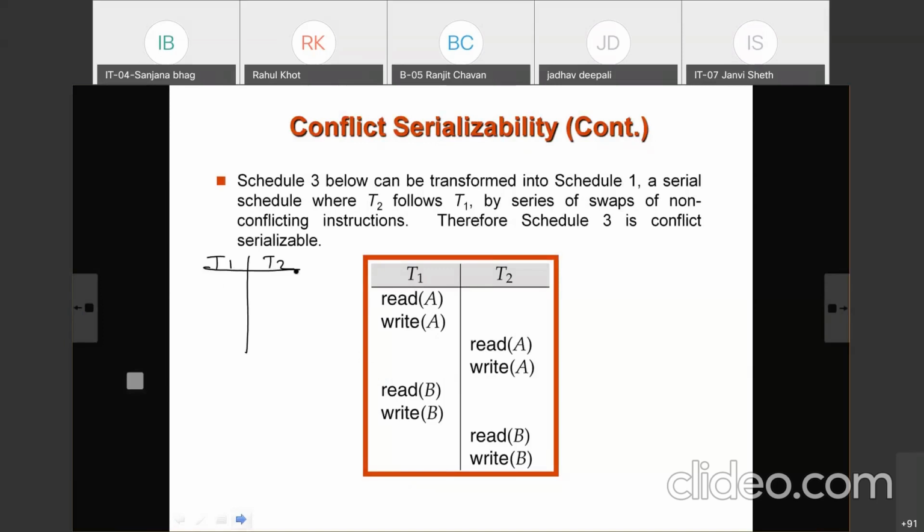See, in this case, T1 performs read A, write A, then T2 performs read A, write A. It is the same T1 and T2 transaction, but only read and write operations are used. A equals A minus 50, B equals B plus 50 are not considered here. For simplicity, only read and write operations are taken here.